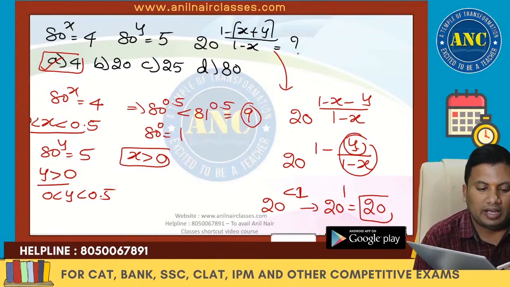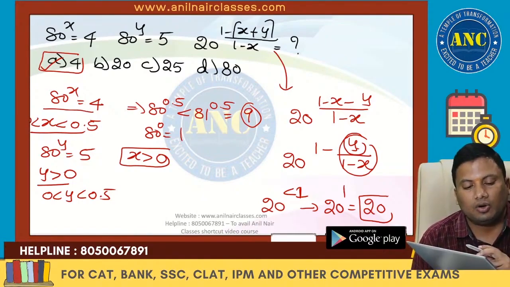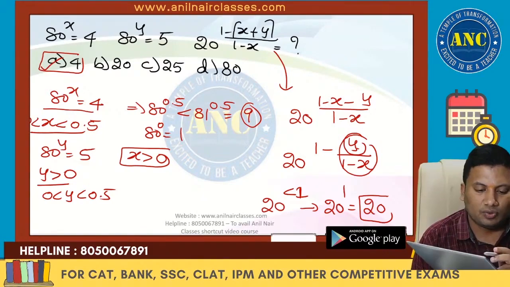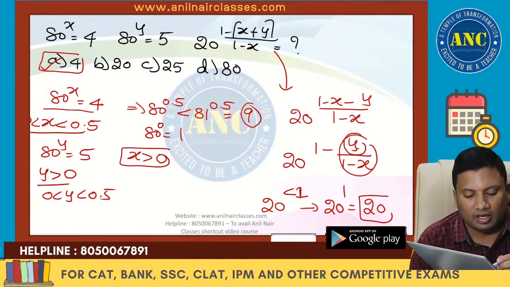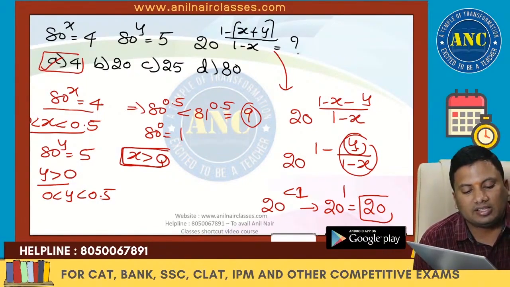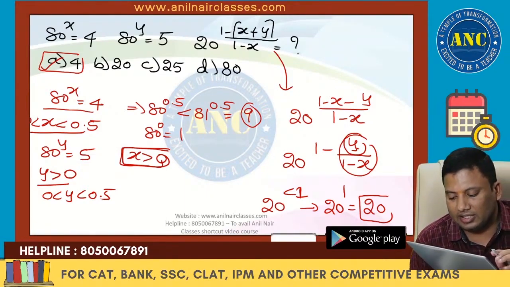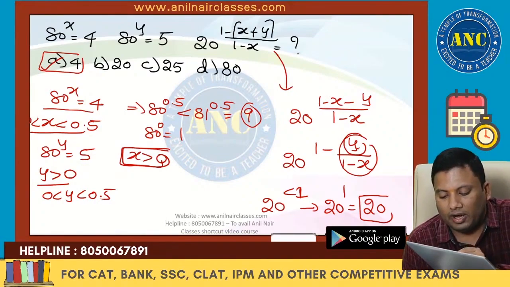Again I am explaining. 80 power x is 4. If x is 0, 80 power 0 is 1, and 4 is greater than 1, so x is greater than 0. 80 power y is 5, and 80 power 0 is 1, so y is greater than 0. Both x and y are positive.